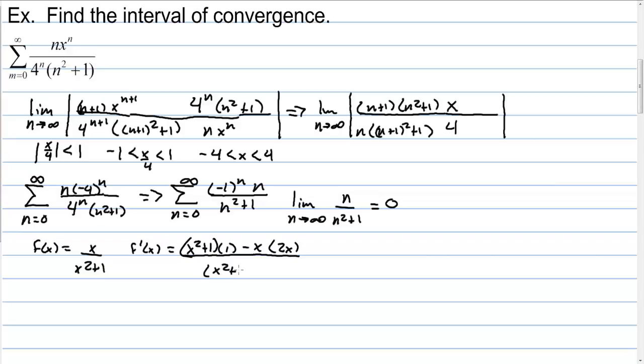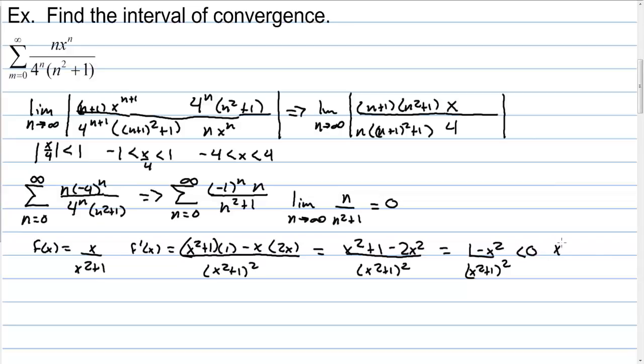So x squared plus 1 squared. That's equal to x squared plus 1 minus 2x squared over x squared plus 1 squared, which is equal to 1 minus x squared over x squared plus 1 squared.